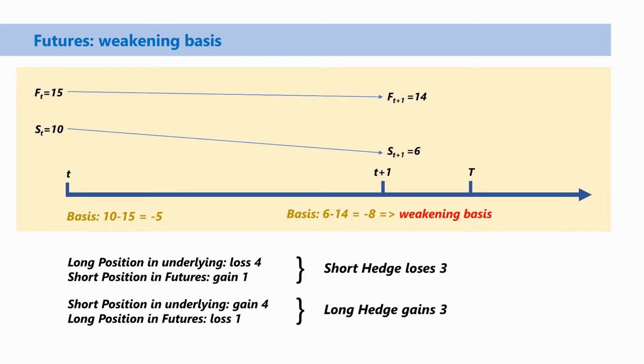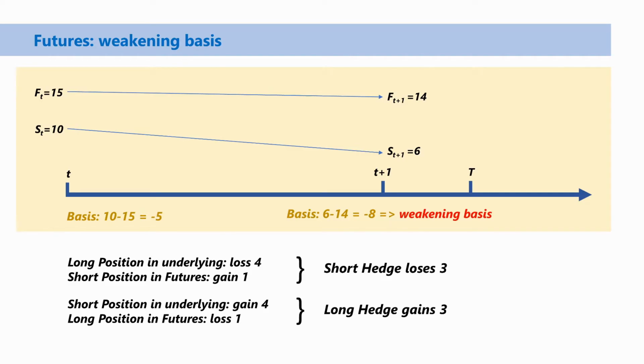Let's look quickly at two more examples so you don't think this logic only applies when prices increase. This time we have a situation where the prices decrease both in the spot price and in the futures price. In time t, the spot price is 10 and the futures price is 15, which, by the way, is a normal scenario.